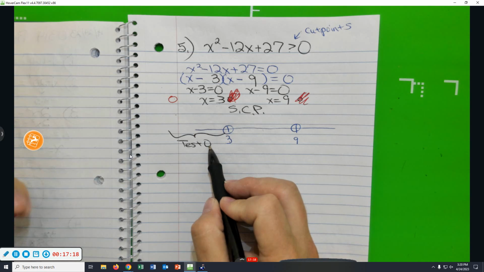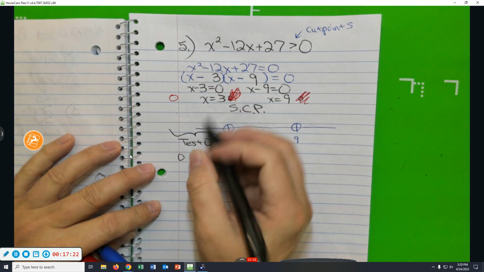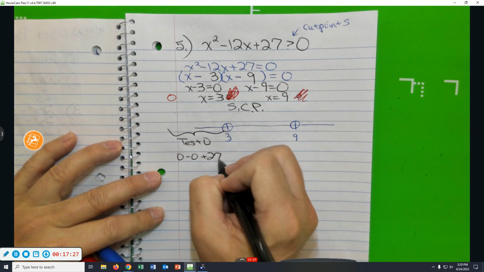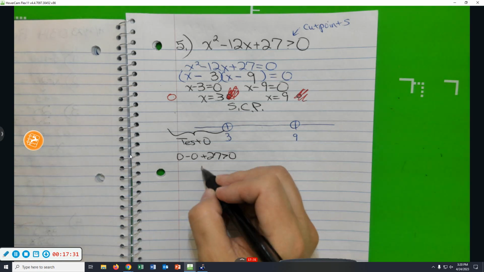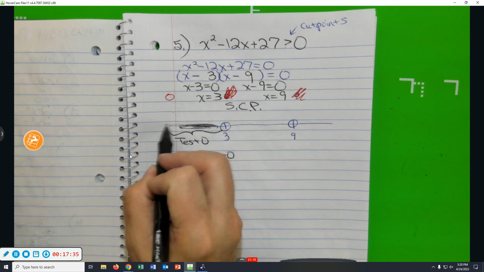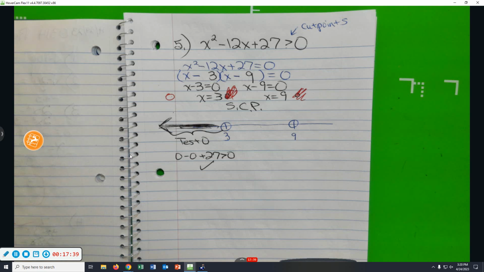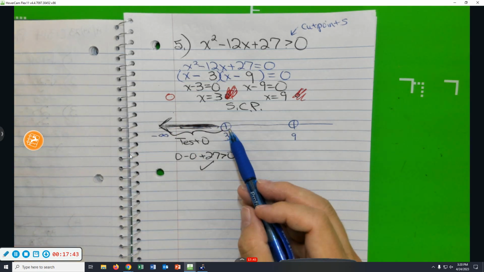So testing 0, we get 0 squared minus 12 times 0 is 0, plus 27 is greater than 0. True or false? True. So we shade. That's negative infinity way out there. What do we do between 3 and 9?